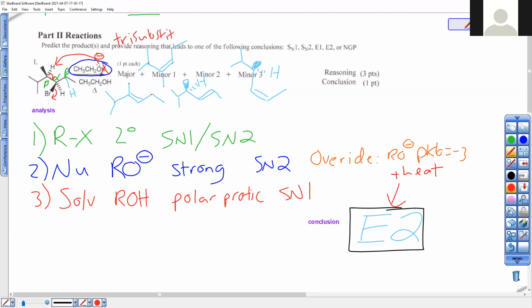Tri-substituted has more hyperconjugation. Wow, that hyperconjugation stuff's for a lot of things. That's these two. Tri-substituted, tri-substituted, then di-substituted.